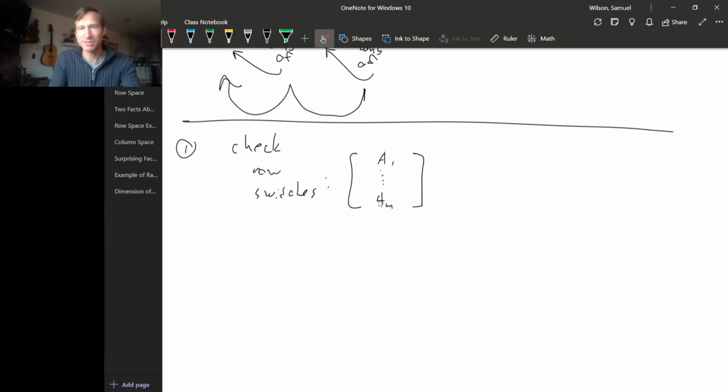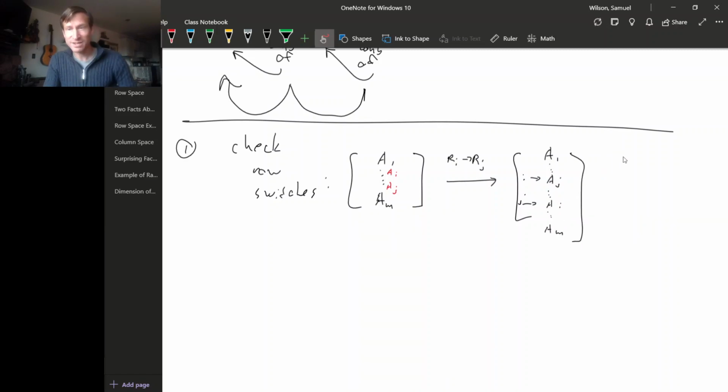We don't know how many rows there are, but if we switch row I and row J, where I and J can be any 2 rows, what we get is A1, and then all of the rows in order up to where in position I, we used to have AI, but now we have AJ because we switched them. And then in position J, we used to have AJ, but now we have AI. And then down to the last row, whatever that is.